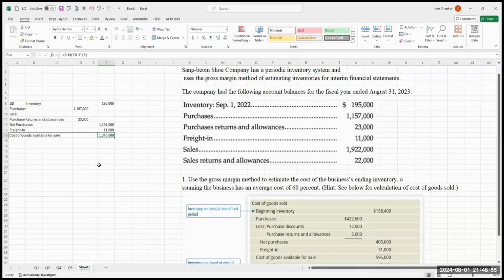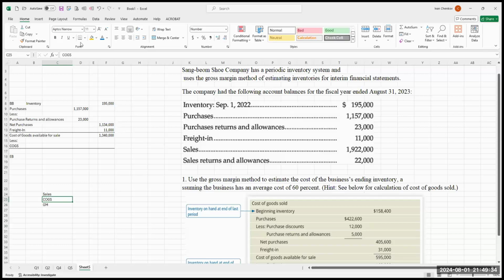In order to get my ending balance, I have to deduct cost of goods sold. Once I deduct the cost of goods sold, I'm going to get the ending balance. Now the question is, how can I get cost of goods sold? Well, from the income statement, I already know that sales less cost of goods sold gives me gross margin.